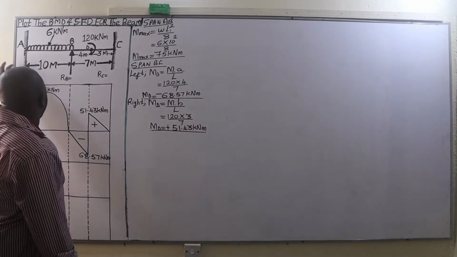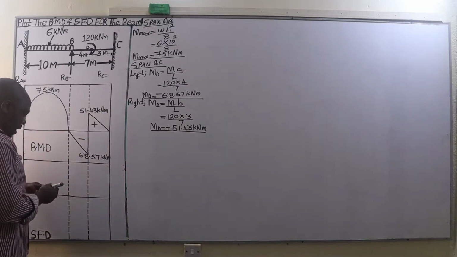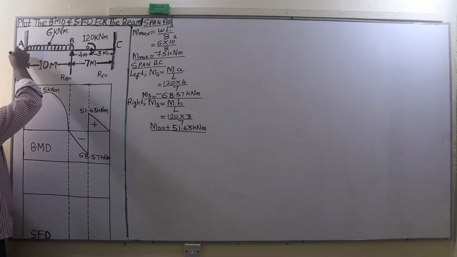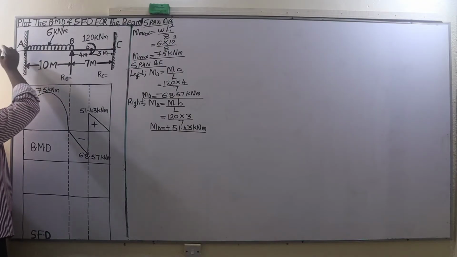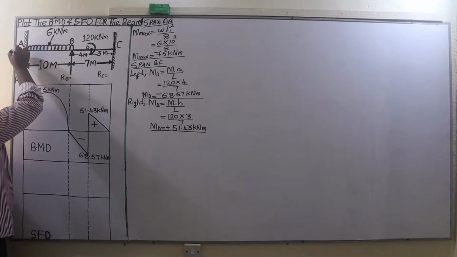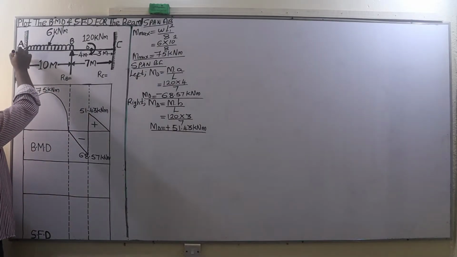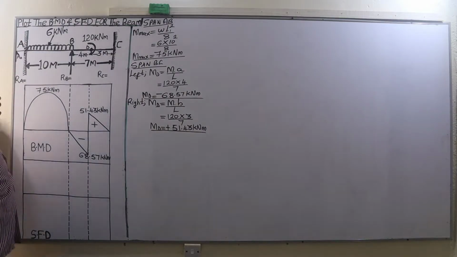Now, for a fixed beam, we must extend an imaginary span beyond the fixed end A, whereby the supported point is going to be A naught and the span is going to be L naught.